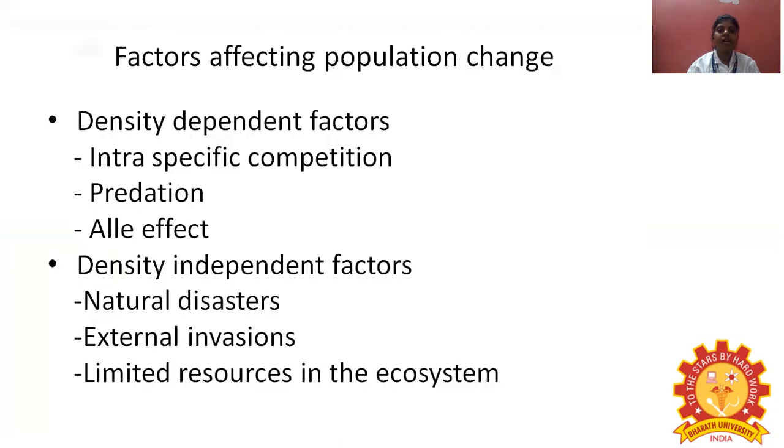Next, factors affecting population change. It has two things. One is density dependent factors and another one is density independent factors. Density dependent factors contain intra-specific competition, predation, Allee effect.